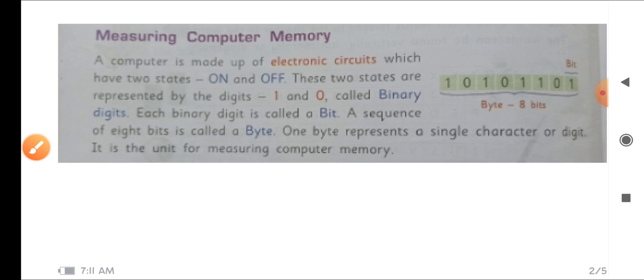Here it is said that a computer has electronic circuits. There are two states of an electronic circuit. One is on and another one is off, isn't it? You have seen on and off. So these two states, on is represented by 1 and off is represented by 0.